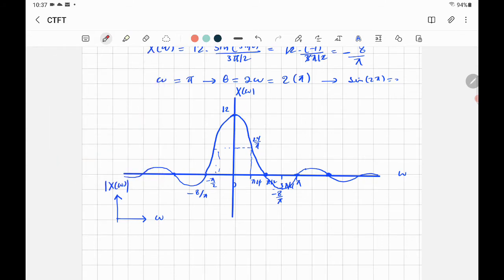This part is okay because it's magnitude only, that's fine. But when you go there, it's negative. So when you take the absolute value, for example, negative 8 over pi, the absolute value is equal to 8 over pi, positive. So this part is going to be reflected. We'll take the positive value. And this one is a positive value, it's okay. And this one you reflect. And the same thing will be here. So the curve will be like that.